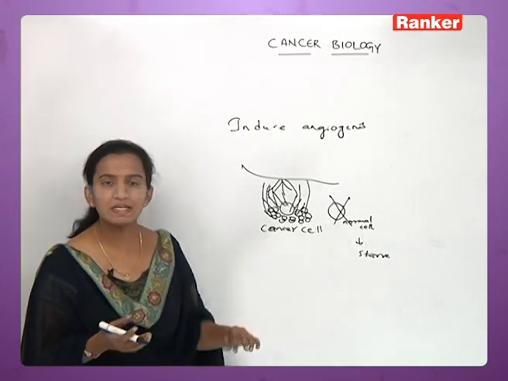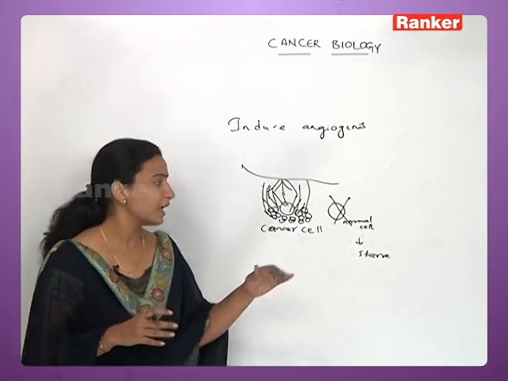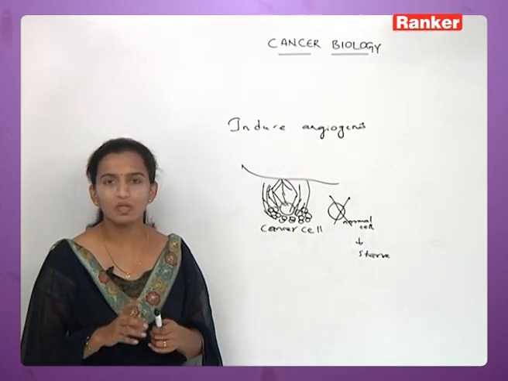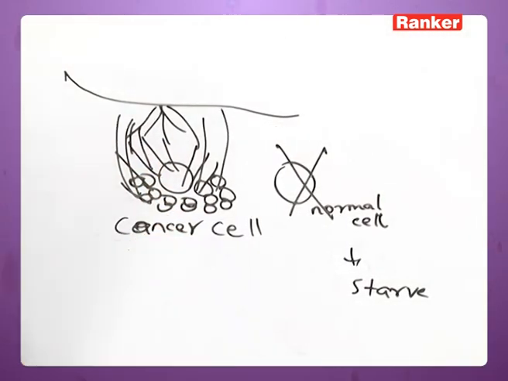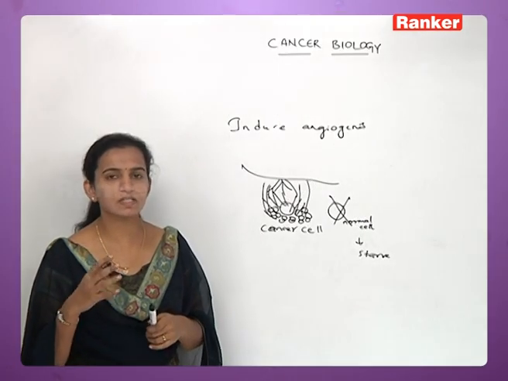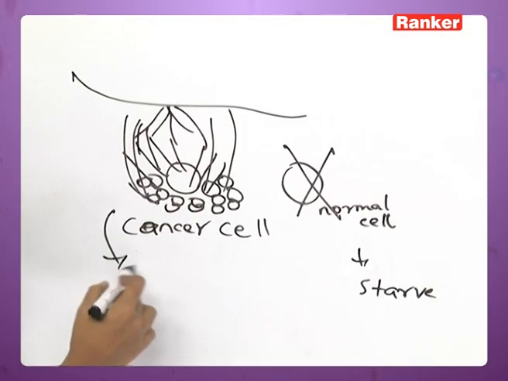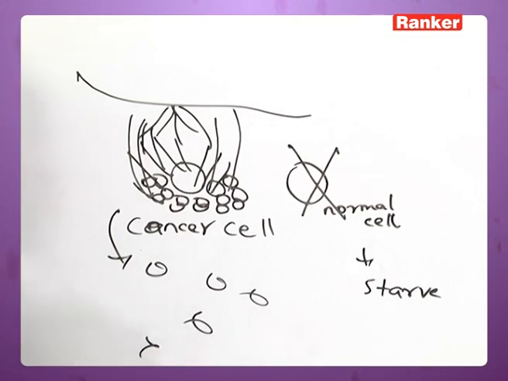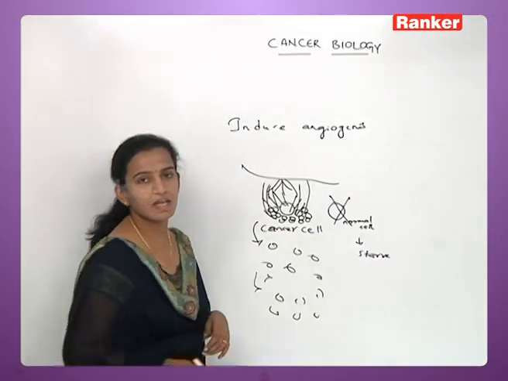So here the normal cell is attacked due to the cancer cell. Now if there is this sort of growing, we already said that it is a kind of metastasis process. Metastasis means they can move all over the body. So everywhere they can be spread. The spreading you can see everywhere in the cancer cell.